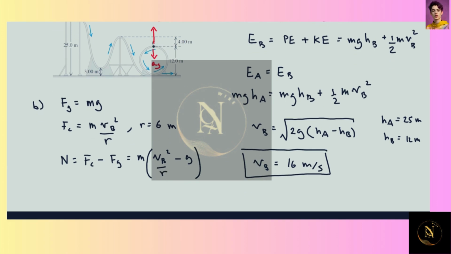Using the velocity we've just determined, a radius of 6, and the mass of 350 kilograms, we obtain a net force that is equal to 1.14 times 10 to the power of 4 newtons. So this is how hard the cart will be pressing against the track.